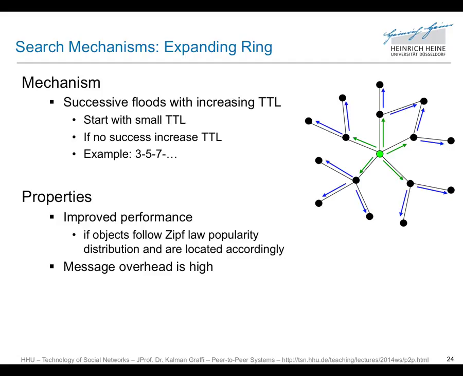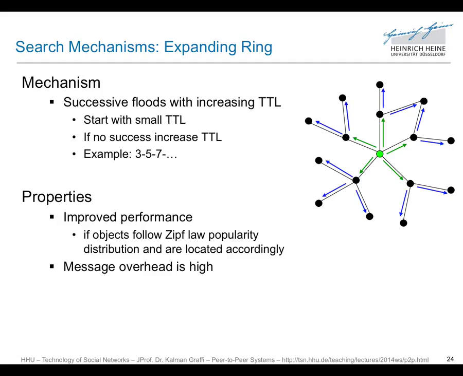So let's say 50% of all queries will be solved with a small time to live, with a small hop count. Furthermore, 40% will be solvable with an increased time to live, and only very few queries will need a big time to live and a big search radius. This concept is called expanding ring.